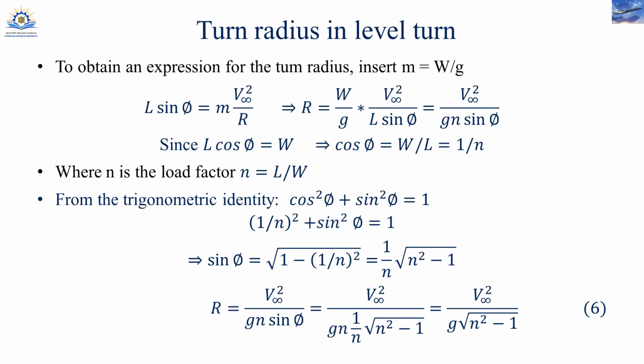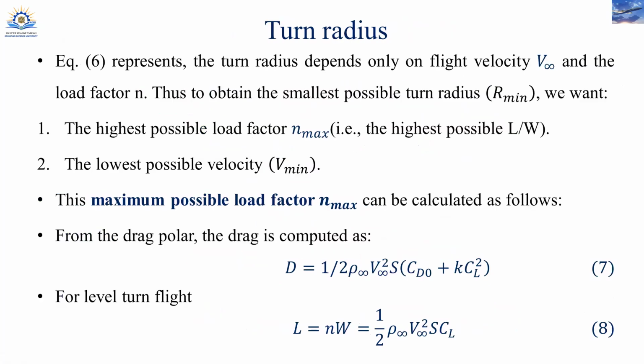So already we discussed the same thing, which you can obtain from here: radius is equal to V square over g radical of n square minus 1. So what does that turn radius represent? The turn radius depends on flight velocity.